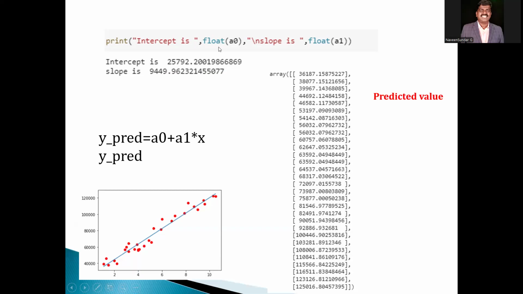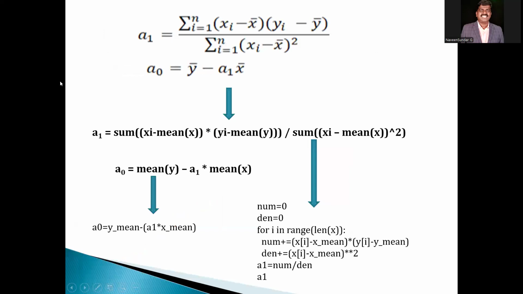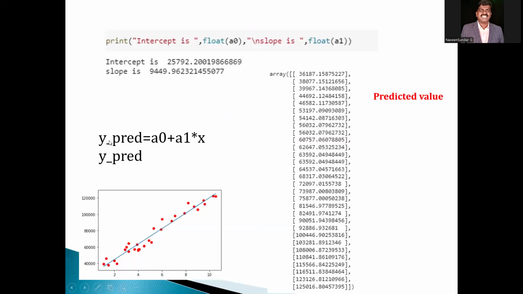Already we found a0, and a1 already we found. So we can print the value of the intercept as a0 and the slope as a1. I'm just printing it out. I'm getting the intercept as this value, and the slope as this value.